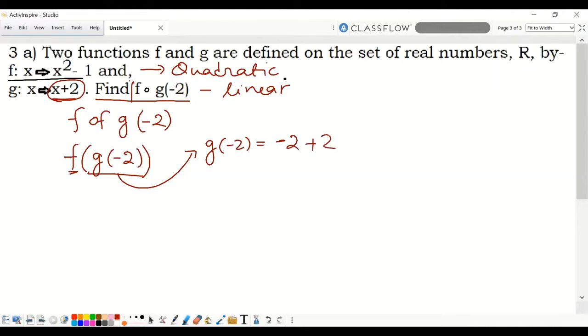In place of x, I put minus 2. That becomes 0. So basically, the question now becomes f of 0. And now we can plug it in the function f, which is x squared minus 1. So it will be 0 squared minus 1. Answer is minus 1.